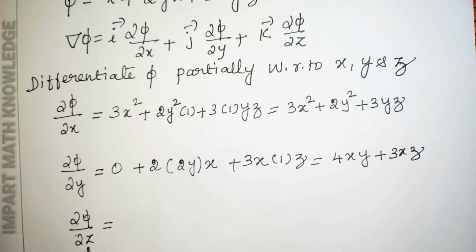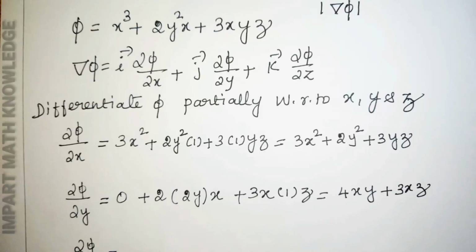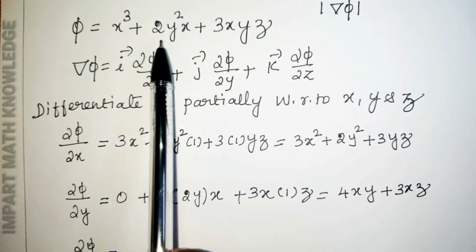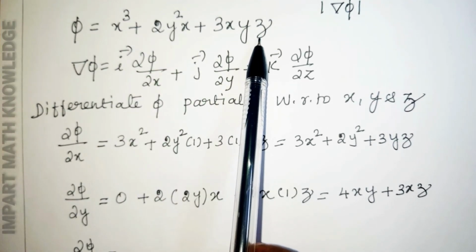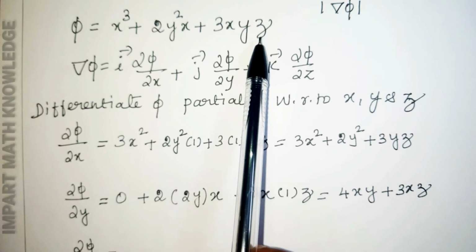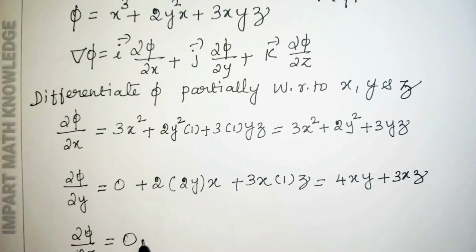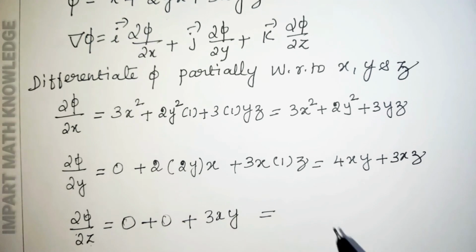Dou phi by dou z. Differentiate phi partially with respect to z. First and the second term, z is not there, so put 0. Third term 3xyz, differentiation of z is 1. So 3xy. Dou phi by dou z is 3xy.